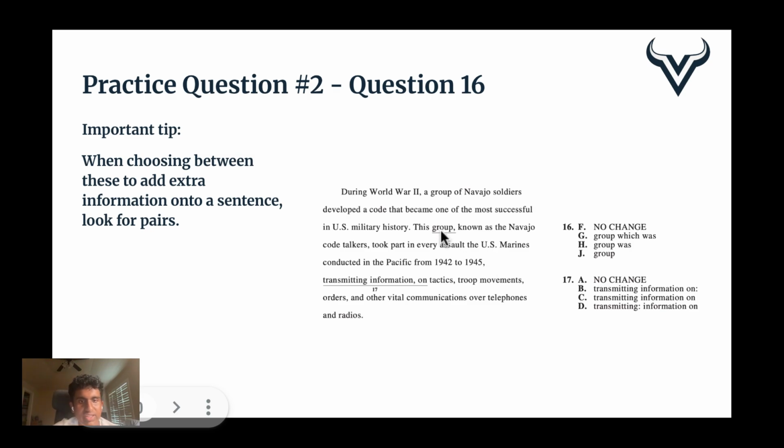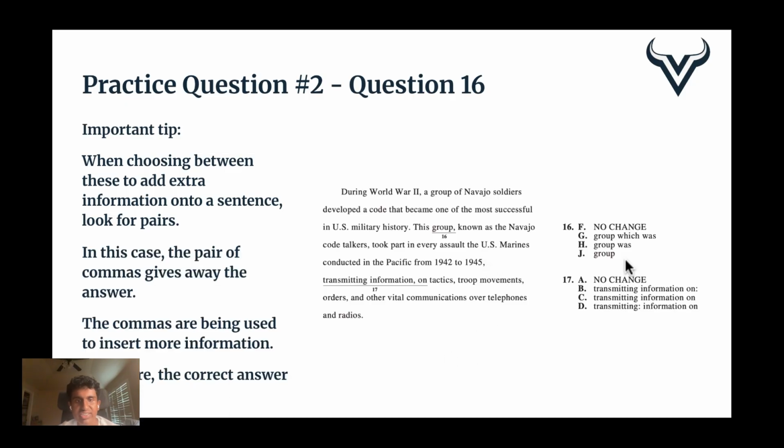The only thing is that instead of a hyphen, we're using a comma for insertion here. So here we see that a comma is ending the inserted information. So we also know that you have to start the inserted information with a comma. So it's just the opposite of the previous question where they gave you the first insertion point, but now they're giving you the ending insertion point. So yeah, the answer is that you won't change whatever's here because it's the comma.